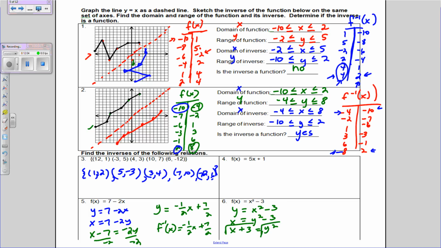And when I rewrite it, I'm going to rewrite it with the y first. Y equals, with the square root, you need the plus or minus sign, so you do both sides of the curve. X plus 3. And then you should write it with f negative 1 of x is equal to plus or minus the square root of x plus 3. So you show the reader that's the inverse.